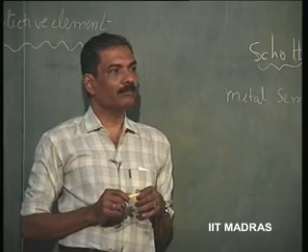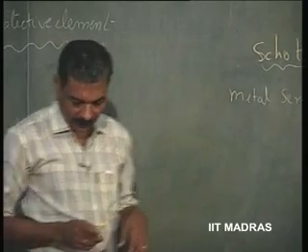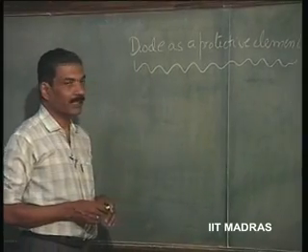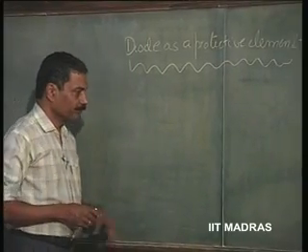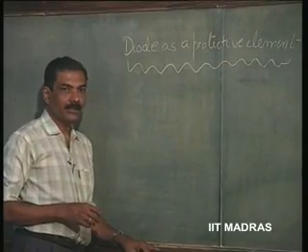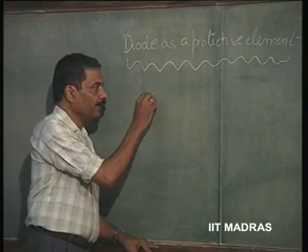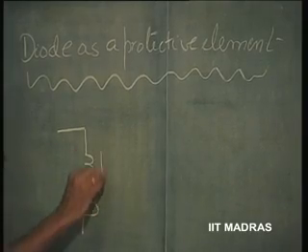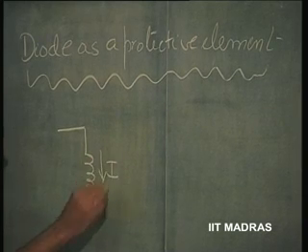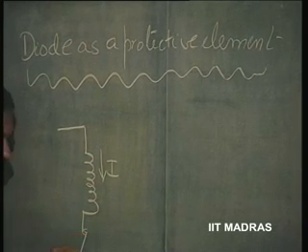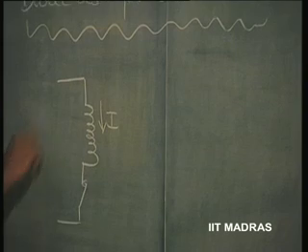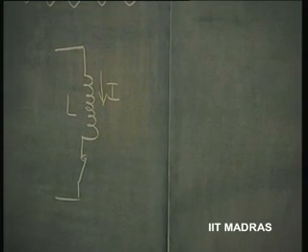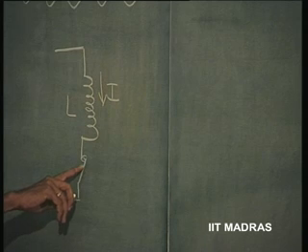We have some typical applications in power, where a diode is used as a protective element. I would like to elaborate a little bit here. We have an inductor L, let us say, in which a current I is flowing because the switch is closed. Let us now open the switch.